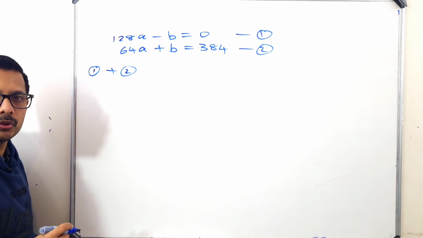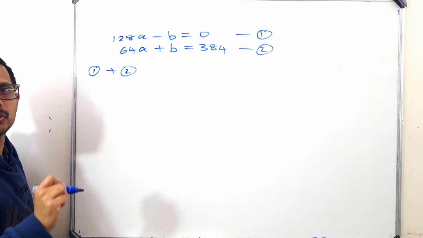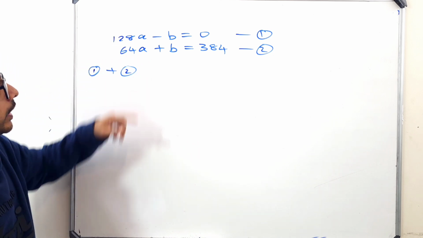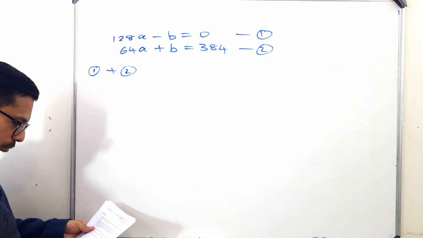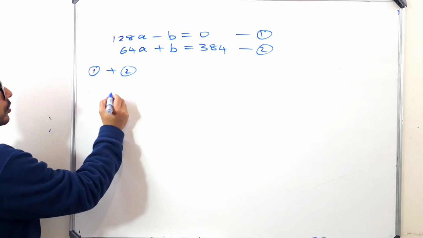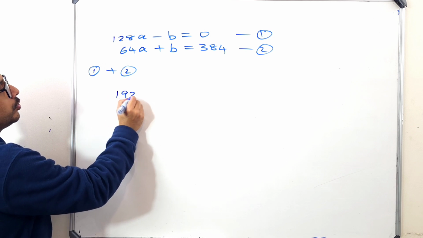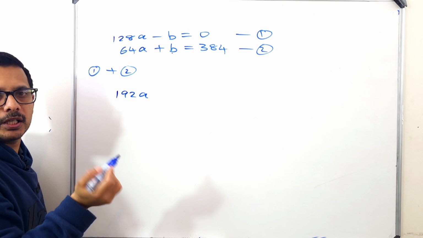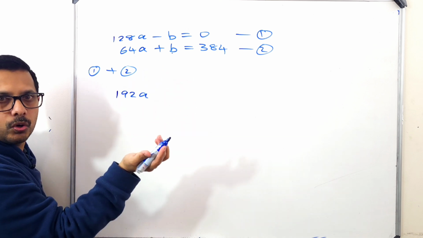So what you are supposed to do? Term by term you have to add. So 128a plus 64a, what is that? 192a. Okay. So it is 192a minus b plus b, positive and negative you can cancel, so that one is gone. Am I right?